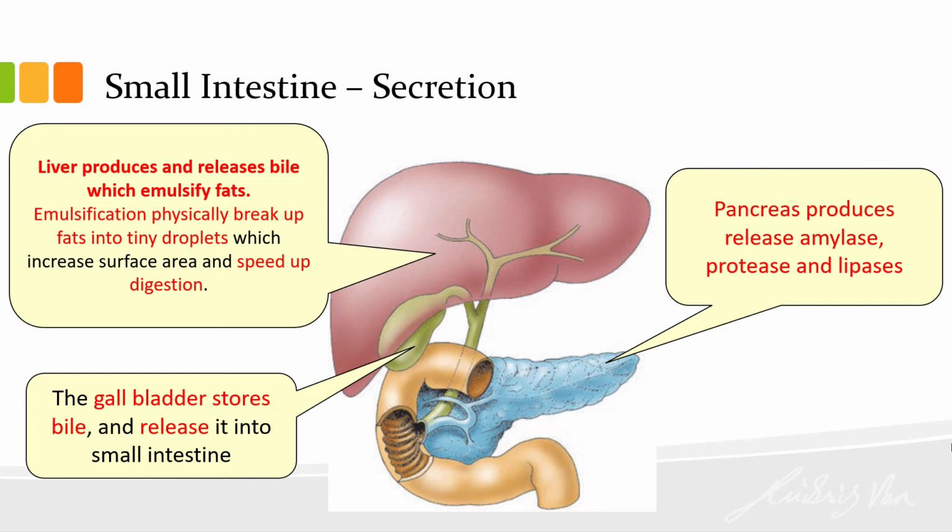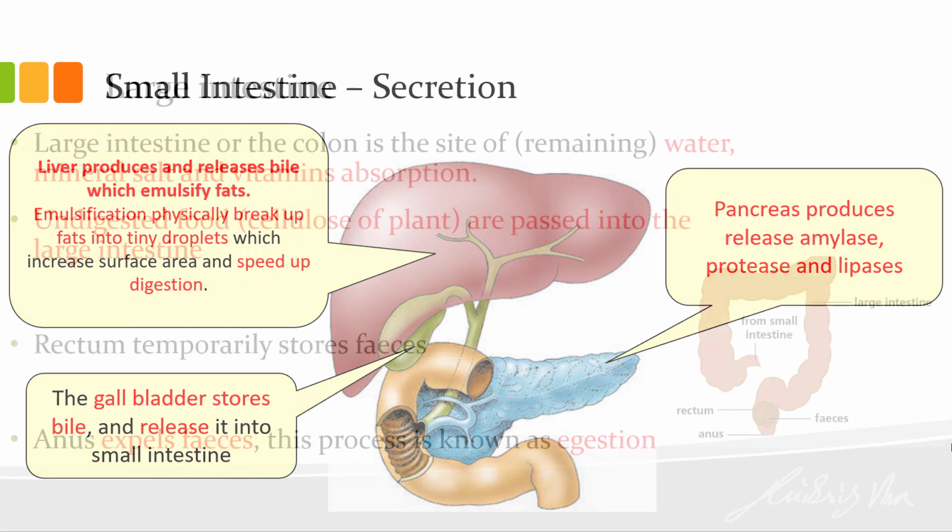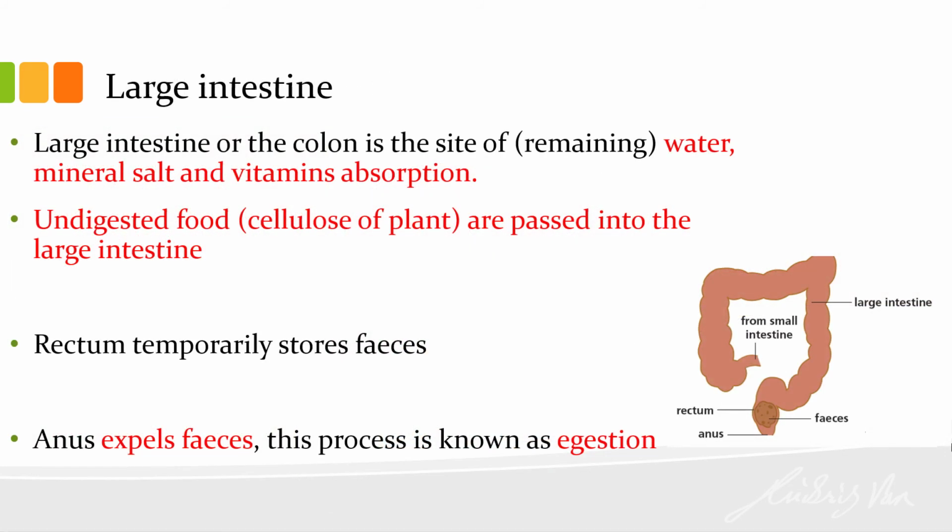But of course, there is also undigested food which we do not have the suitable enzyme to digest, and it will go into the large intestine. The large intestine, or the colon, is the site whereby the remaining water, mineral salt, as well as vitamins are absorbed. Undigested food, such as the cellulose of the plant or your dietary fiber, is passed into the large intestine.